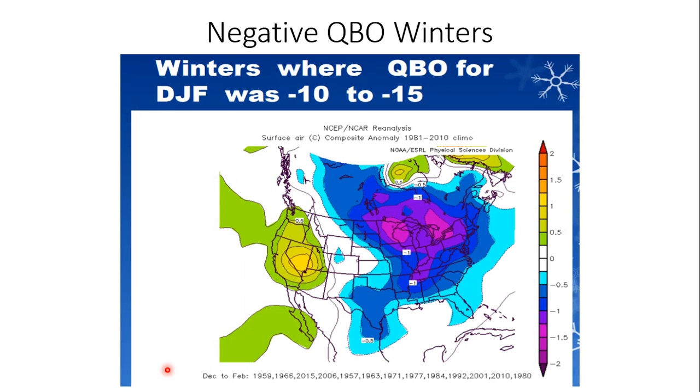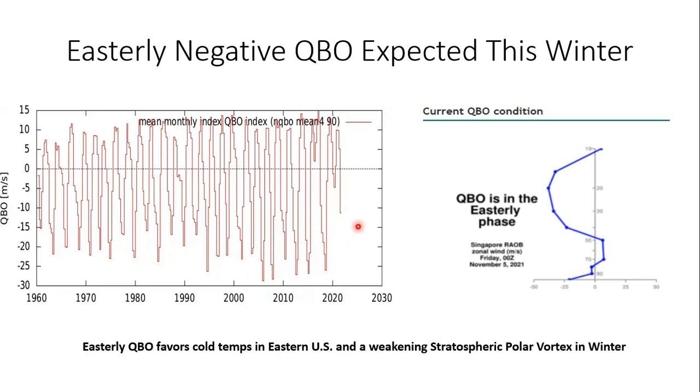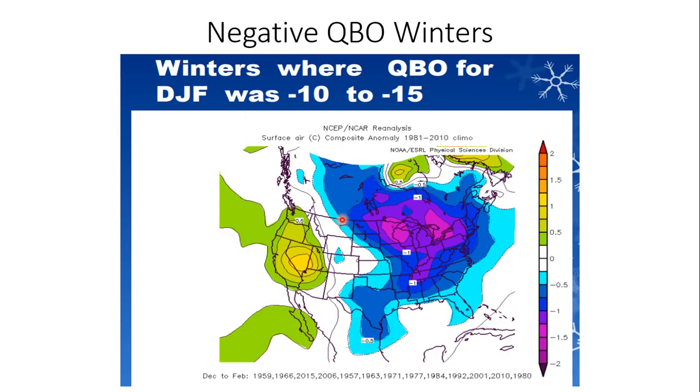Looking at the negative QBO winters for December, January, and February, if the QBO values were between negative 10 and negative 15, like I said last week, we're sitting at about negative 12, negative 13. This chart represents a temperature anomaly in degrees Celsius at the surface. Look at the blue and the purple shading pretty much from the upper Midwest to the East Coast.